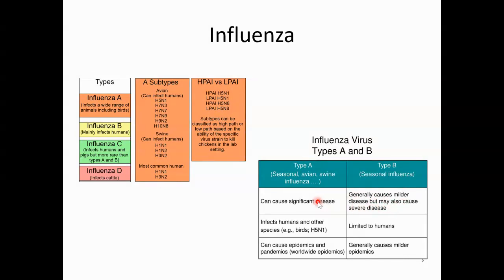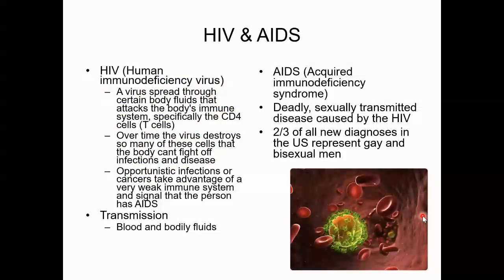It is a little less mild than A, but again, depending on the host. Type A infects humans and other species, so humans and birds. Type B is generally limited to infecting humans. A can cause epidemics and pandemics worldwide, and type B is milder, so it generally causes a milder epidemic. Sometimes somebody has both, but the influenza vaccine covers both.